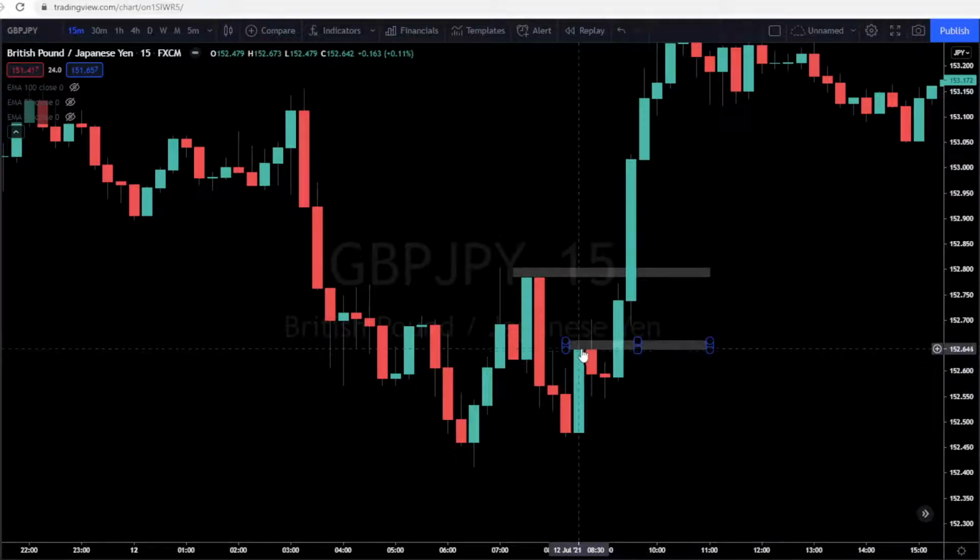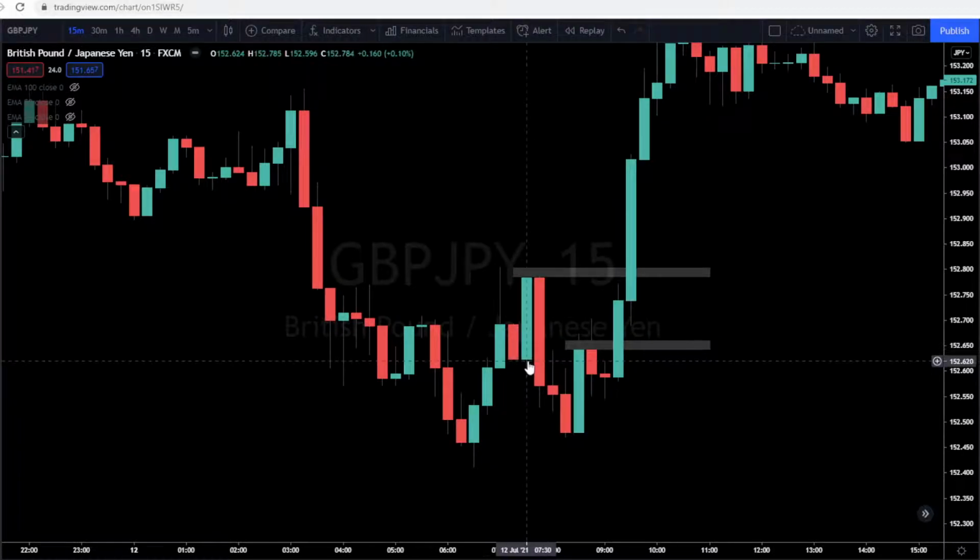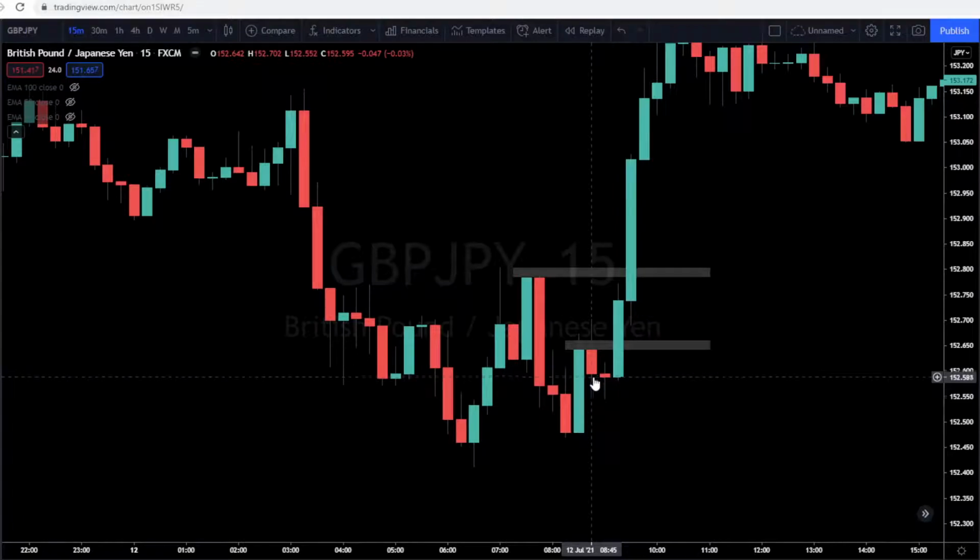Now you have this resistance here, okay? And if you look to the left, you'll see that this support right here kind of turned resistance. What are you going to do? I would recommend you close a percentage. Typically, when something like this happens, I'm closing 50%. So you close 50% of the trade, and then you let the rest run.